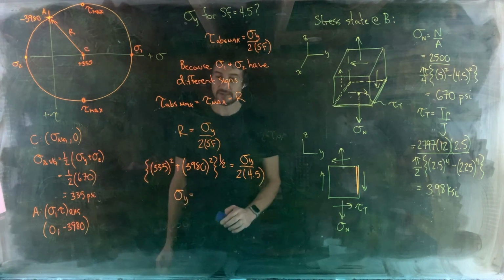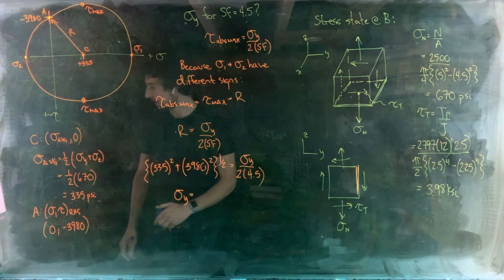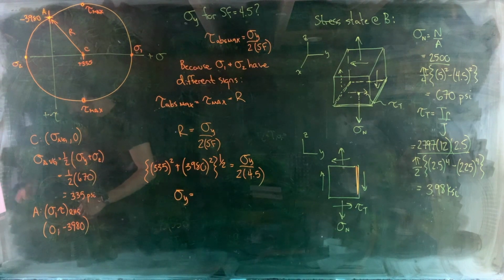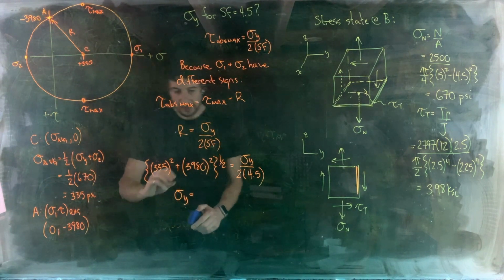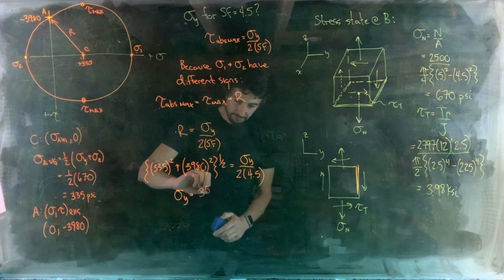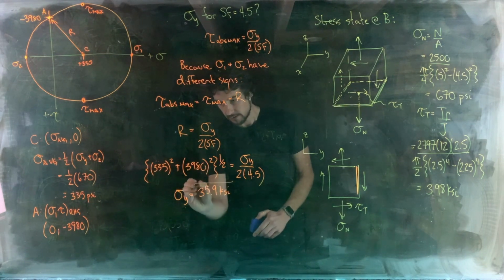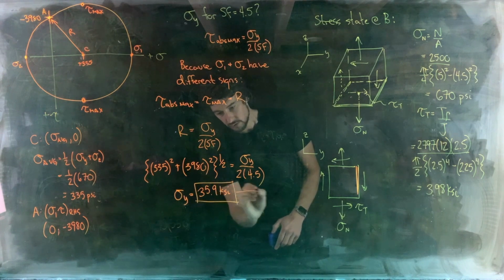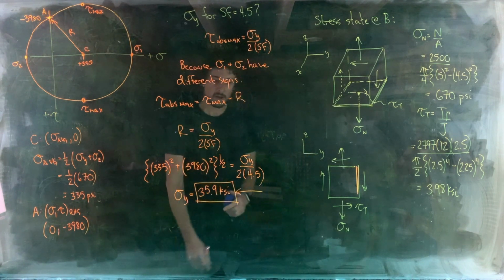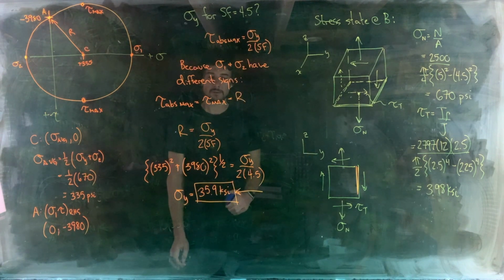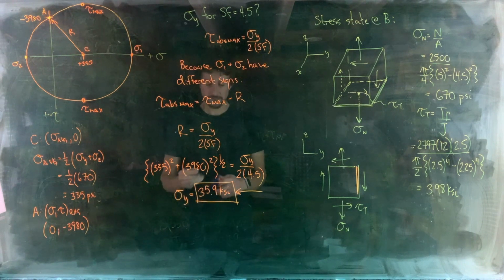Sigma y is equal to, what did I get when I did that calculation? 35.9 KSI. 35.9 KSI. No checks required before putting the box around that final answer there.